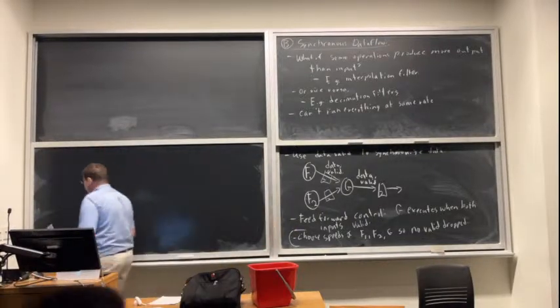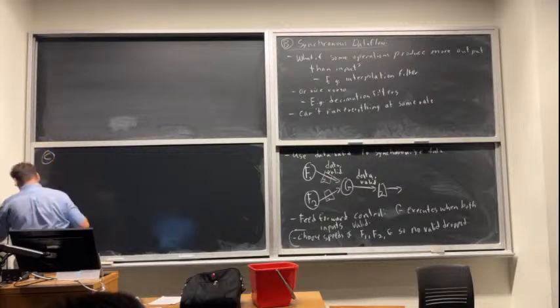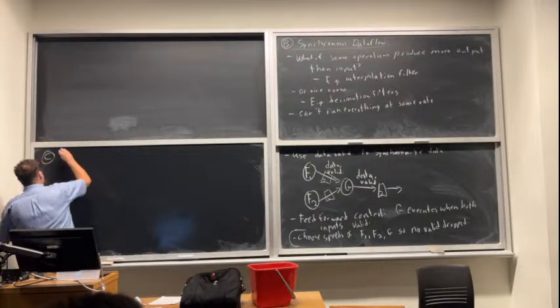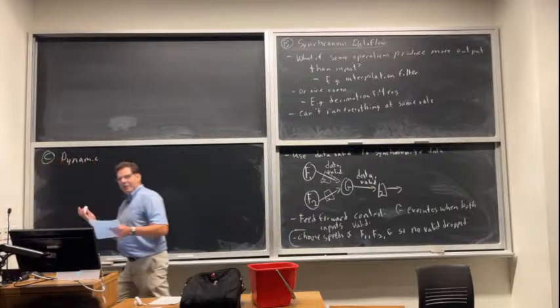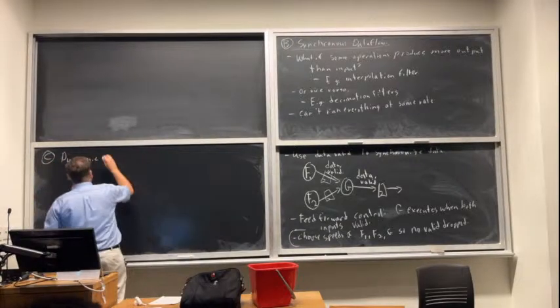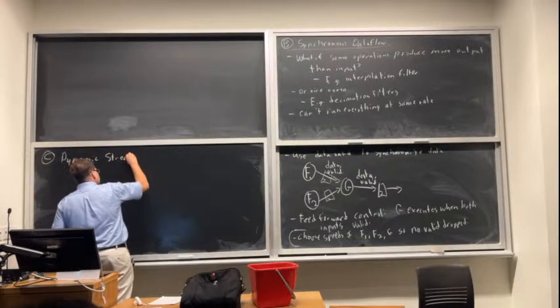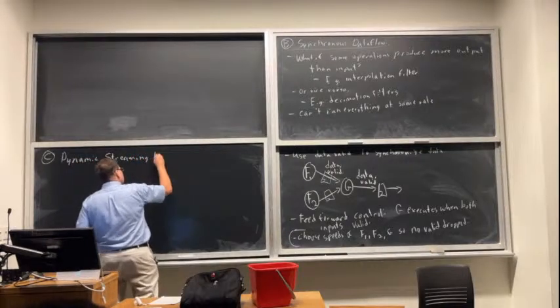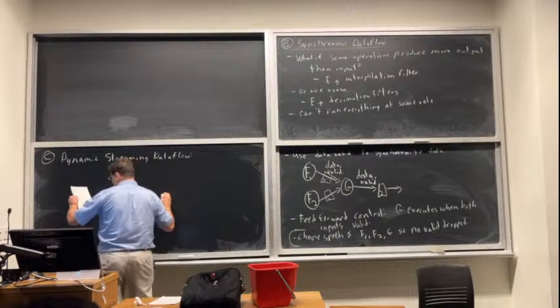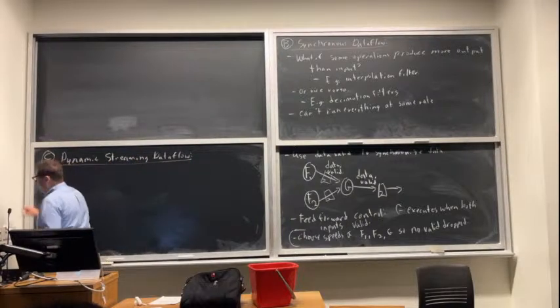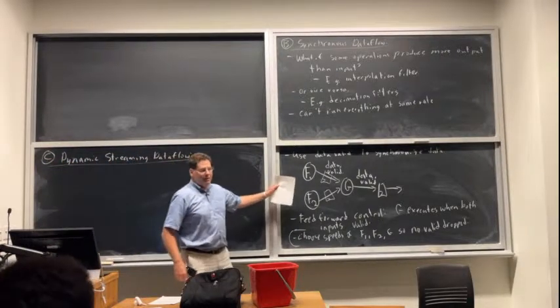Okay, so that leads us to our third variation on streaming, which is called, by the reconfigurable computing book, dynamic streaming data flow. It's basically motivated by the things you've already flagged, right?